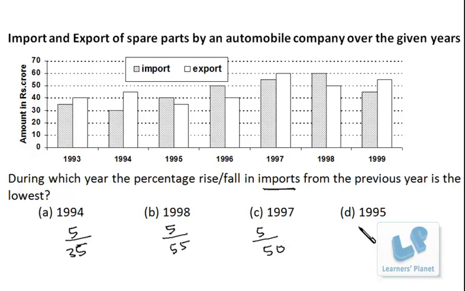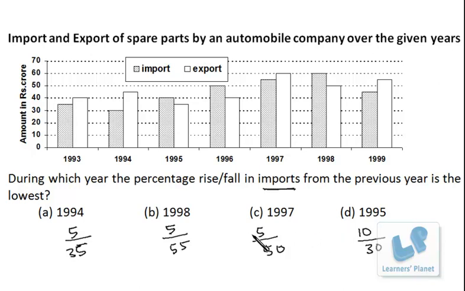Similarly, for 1995, in 1994 import is 30, and in 95 import is 40, so the difference is 10, and this difference is over 1994, that is 30. So from 30 to 40 the increase is of 10, and this 10 is over 30, so 10 by 30.